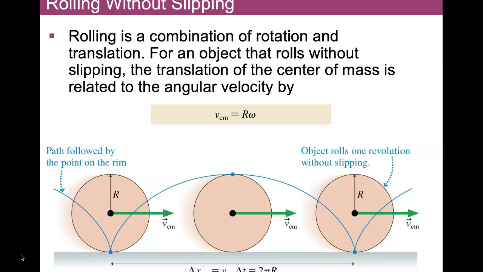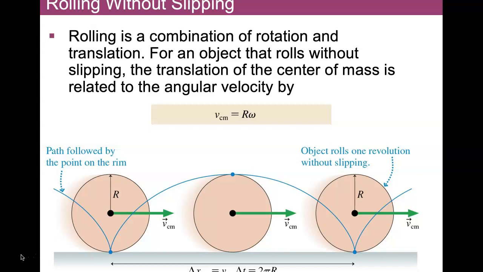So we want to try and make sense of this type of motion, which involves rolling of a round object on some surface, and there is no slipping. We talked a little bit before, when we were talking about ropes and pulleys, about slipping. No slipping means no relative motion at the point of contact.